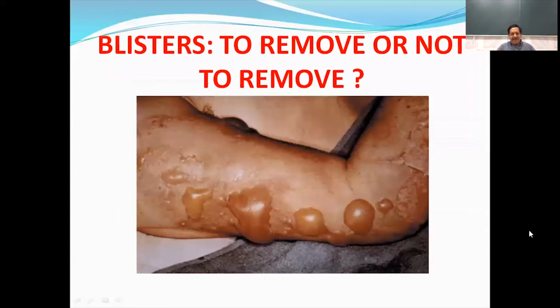Blisters commonly mean superficial burns. The best thing is to take a sterile needle and just prick. You don't have to peel anything. Just prick, the fluid comes out, the blister collapses, and you continue the rest of the treatment.